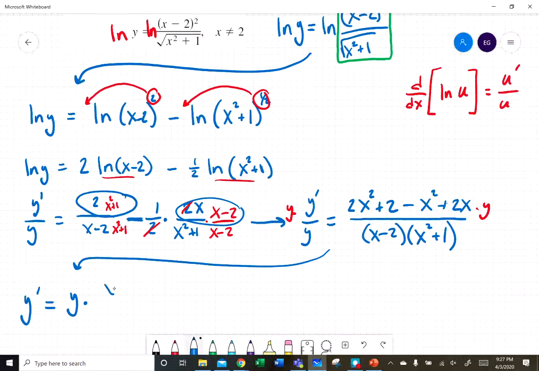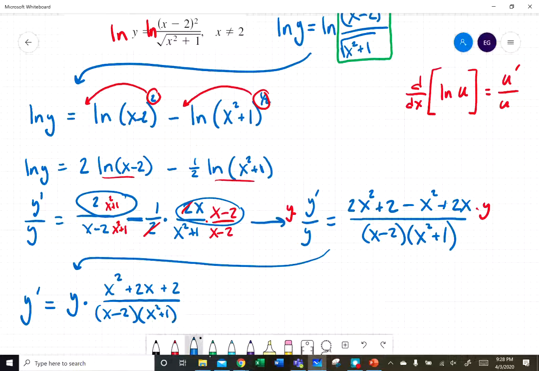Looks like we have an x squared, we have a plus 2x, and we have a plus 2. And on the bottom, we have x minus 2 times x squared plus 1.